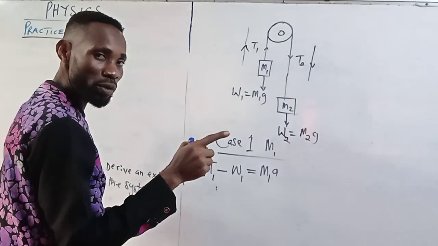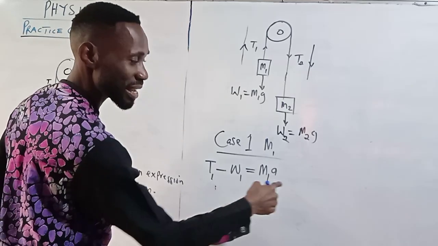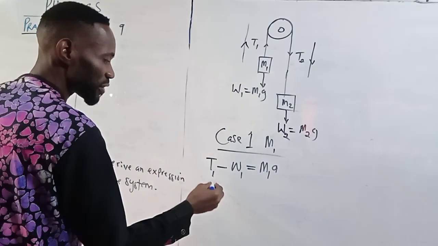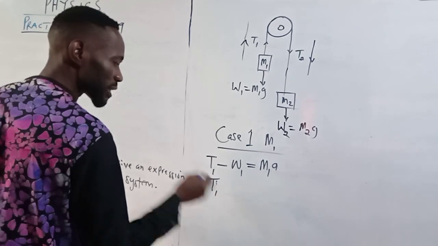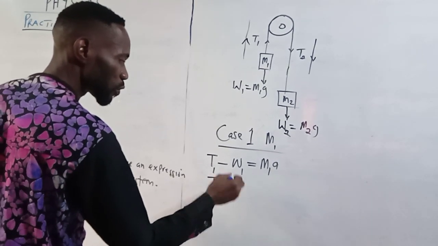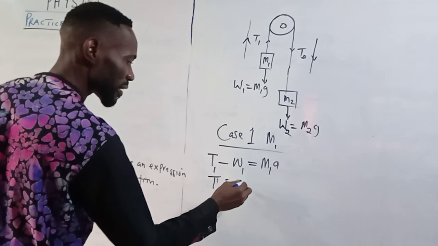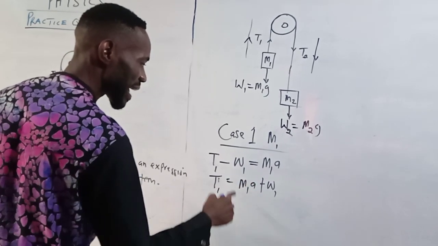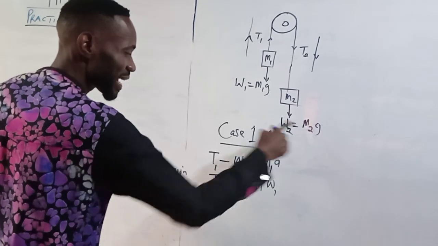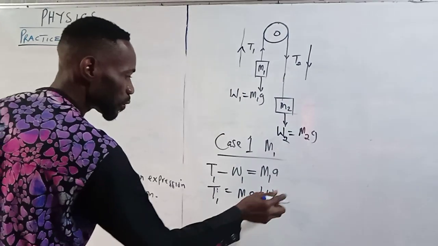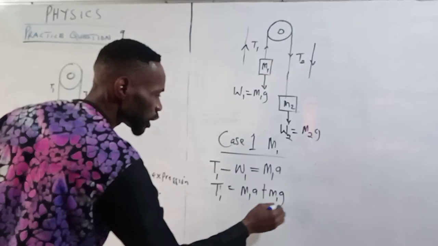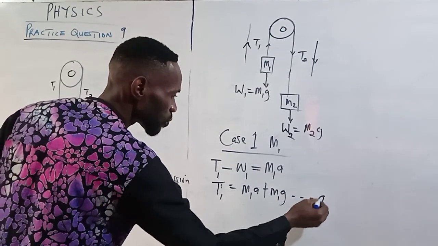So from Newton's second law, force is equal to mass times acceleration. So from here, if you make the tension T1 the subject, it will be equal to M1A plus W1. And remember, W1 is the same as M1G. So we can remove W1 here and put M1G. Let's take this as equation 1.